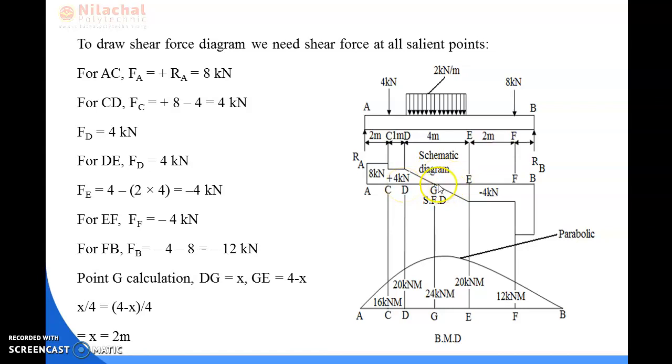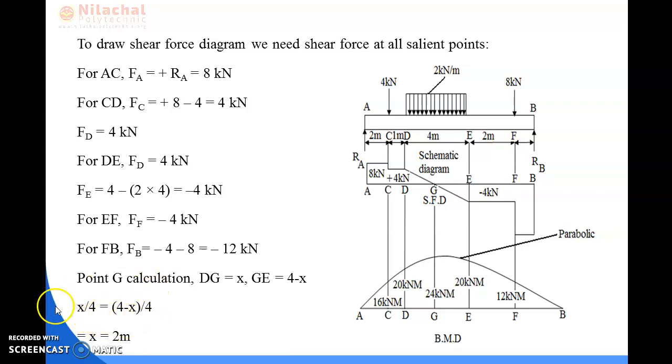Again, for the second triangle, this portion will be 4 minus X, and the value of P will be again 4. So the negative sign is neglected. So we can put X by 4 is equal to 4 minus X divided by 4.